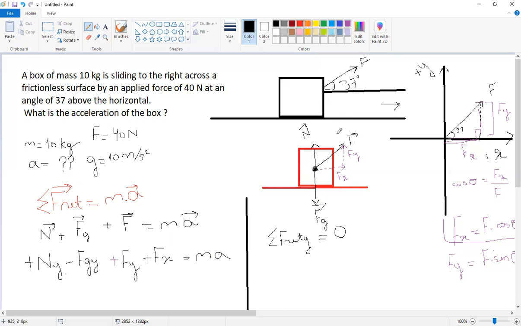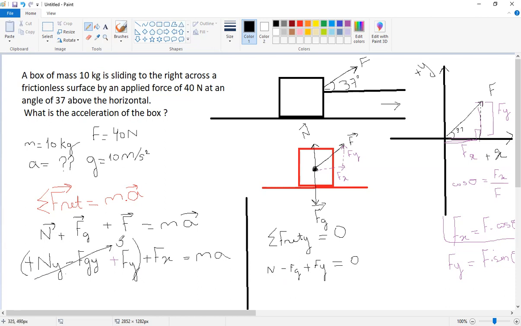What are the forces that we have along the y direction? We have the normal force. What else? We have minus Fg, and we have plus Fy. These forces add up to give us 0.